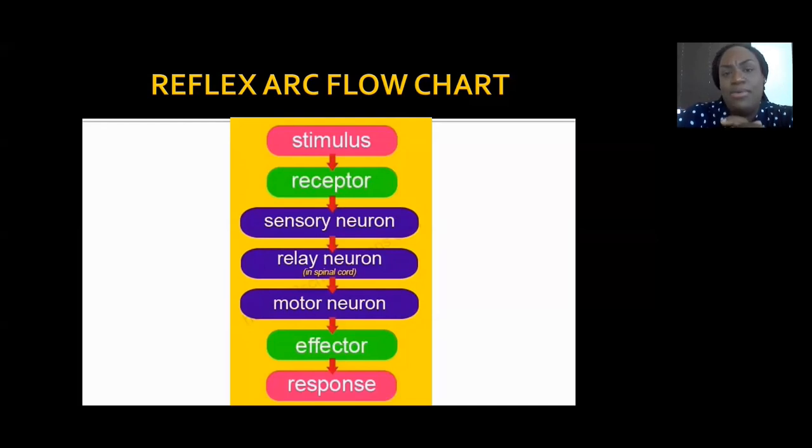That is a learned reflex. You have to be exposed to that behavior over a period of time for your response to become automatic. In the beginning it is not automatic, but through exposure it becomes an automatic response, and that is why we call it conditioned.